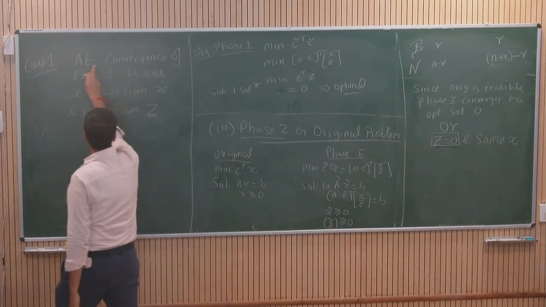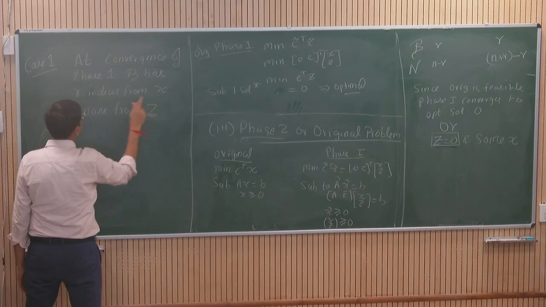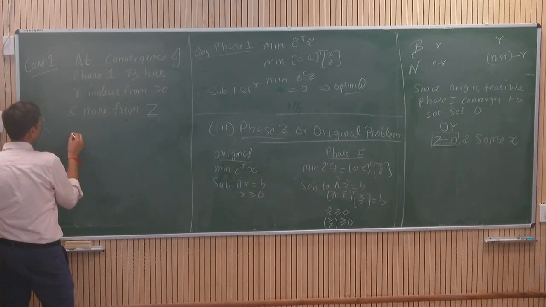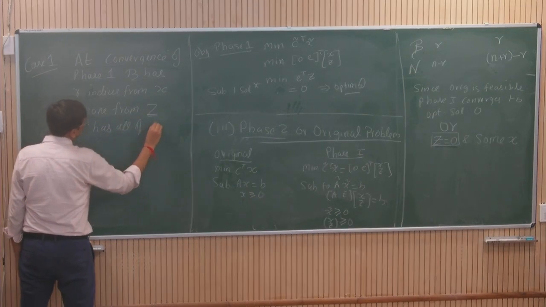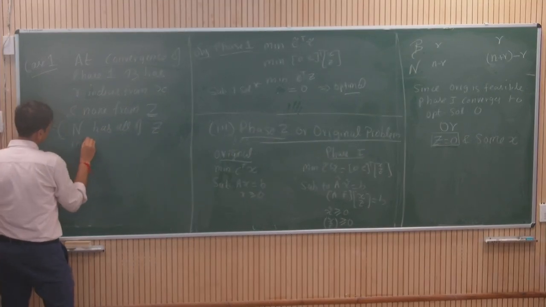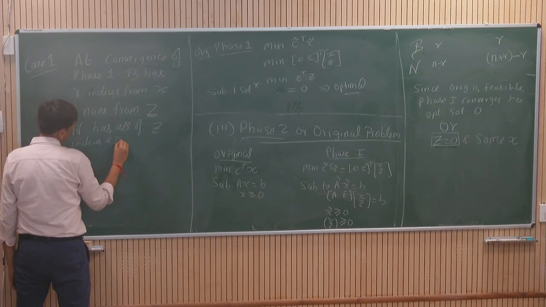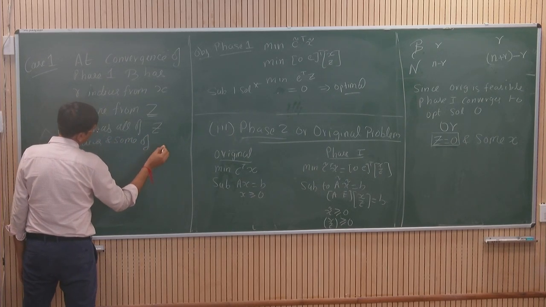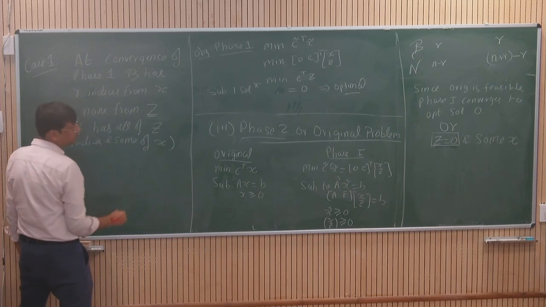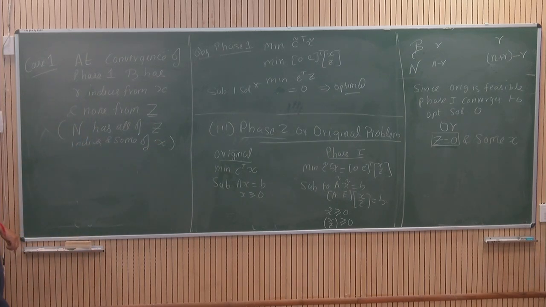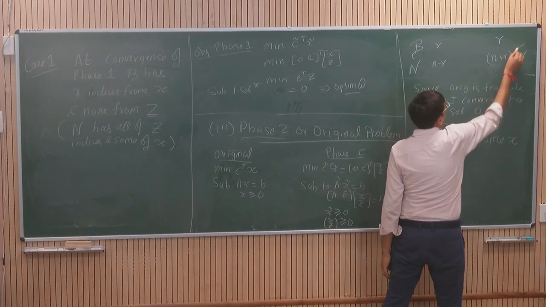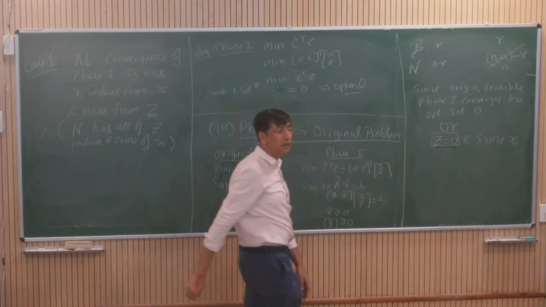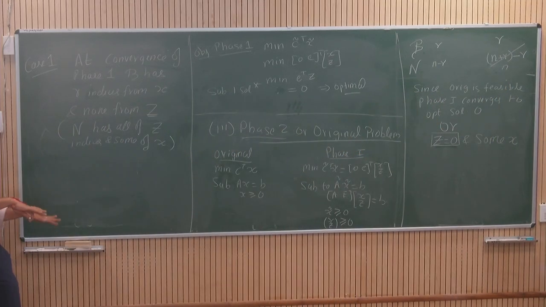So we're saying at convergence of phase 1, B has R indices from the X and none from Z, which implies the N has all of Z indices and some of X. Correct? Because we're saying all active are going in the N set. And the N set contains how many? N elements. It contains N elements. So then you are done.